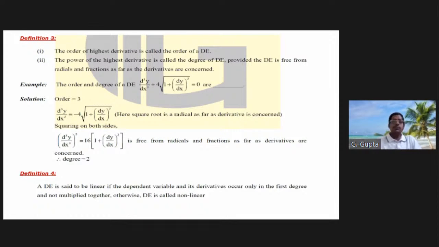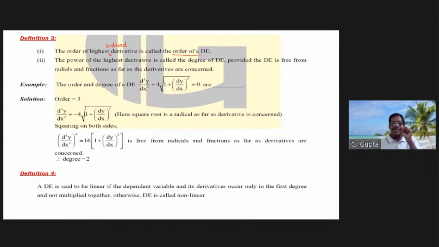Okay. Now definition 3. The order of the highest ordered derivative. But it is sufficient to write highest derivative; many people can understand the meaning of highest derivative. But in textbooks, they write it like this: the highest ordered derivative is called the order of a DE.